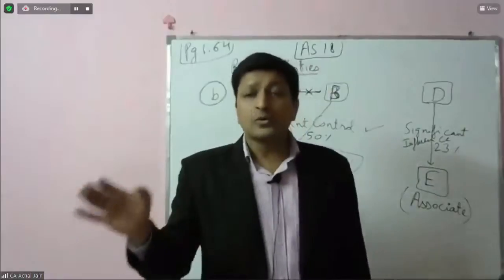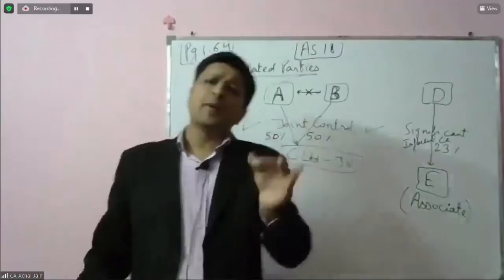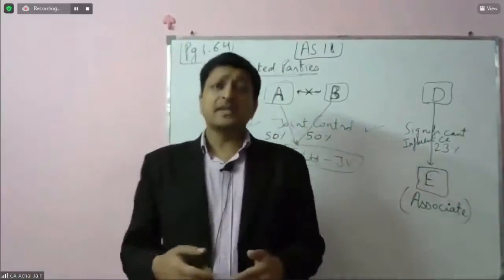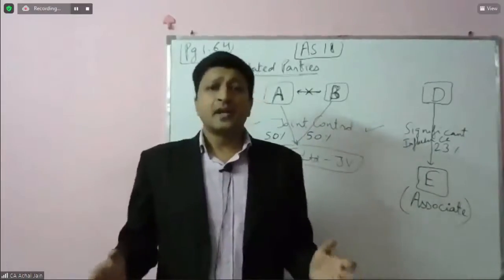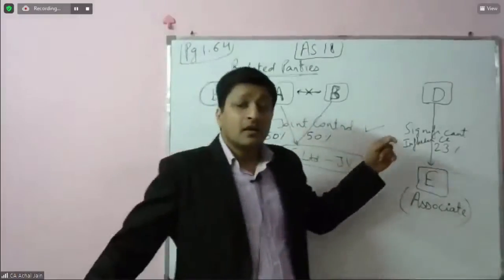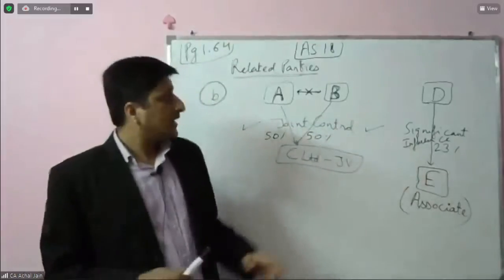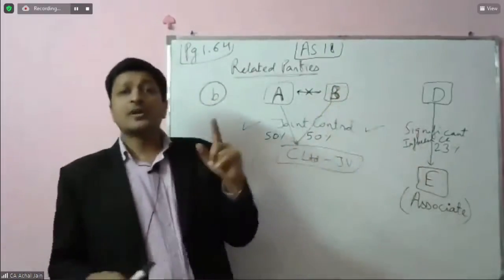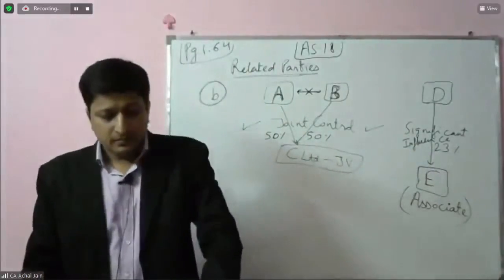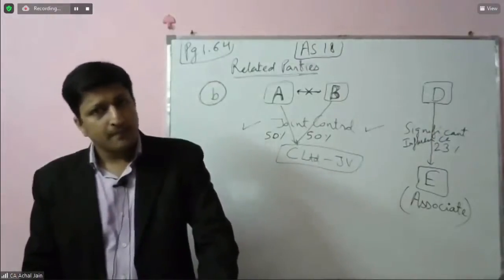He will not have the power to direct. He will be only having the power to participate in the decision making. Means when the decision making is going on, he can participate, but he cannot direct that. So that's the difference between control and the significant influence. So the moment we have significant influence, then D and E will also become related parties. Clear? Yeah? Clear on this? Okay.